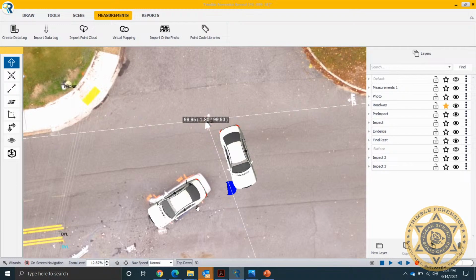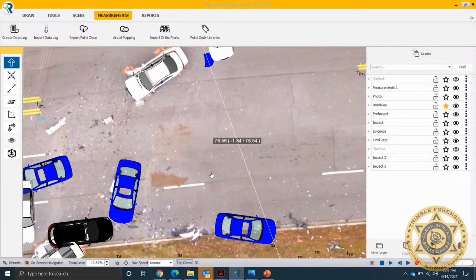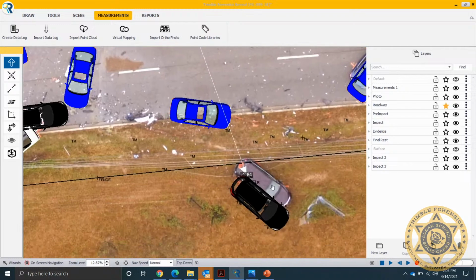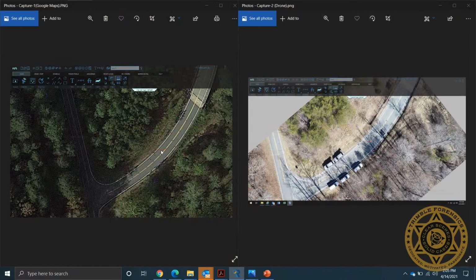But the further we get from that scale, the more concern we see: the final rest of the car in the picture relative to the total station data was considerably off.